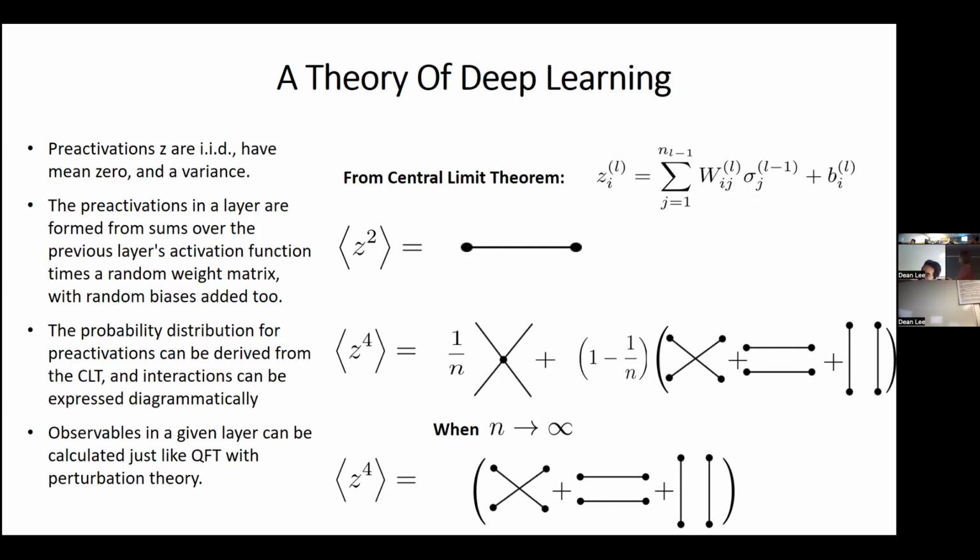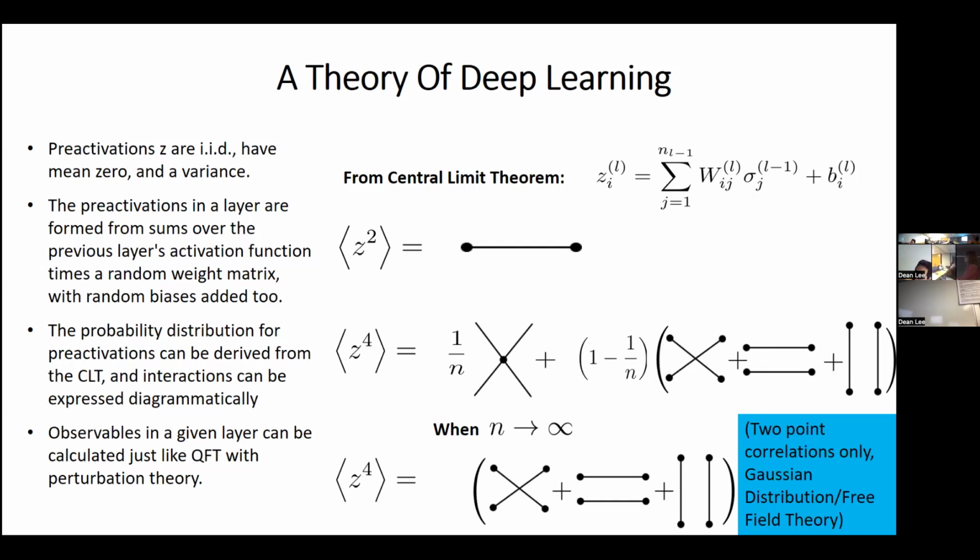The interesting thing about this is that this is a free field theory. It's a Gaussian probability distribution. So going forward, we can calculate these types of observables like we would in quantum field theory. And if we back off of this infinite width limit, we can start to reintroduce vertices and interactions and calculate like a quantum field theory with perturbation theory.